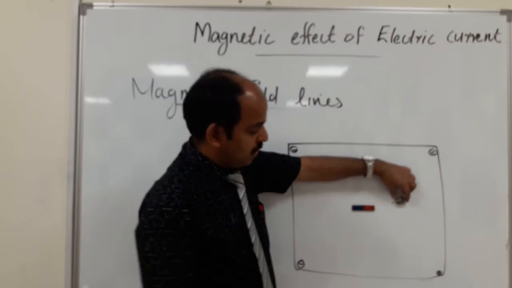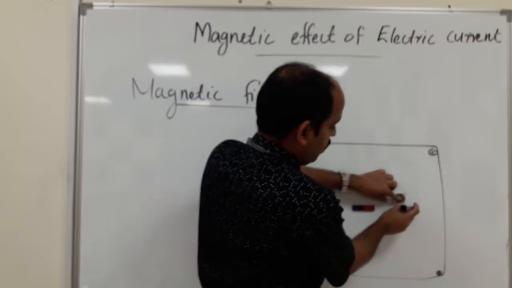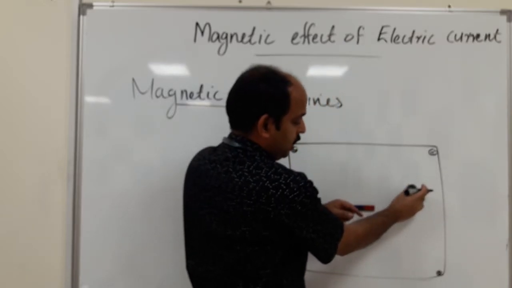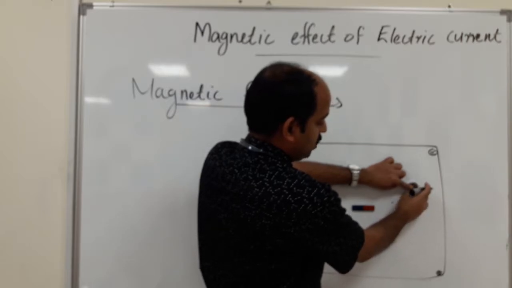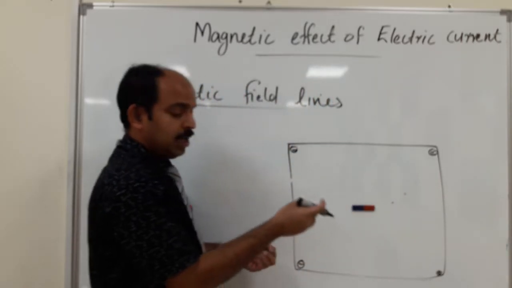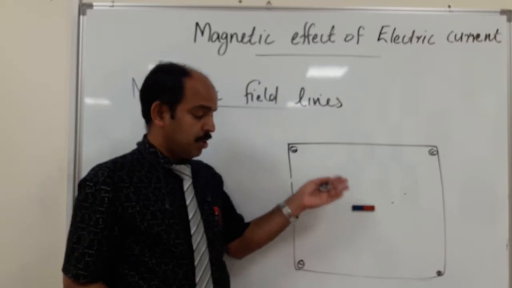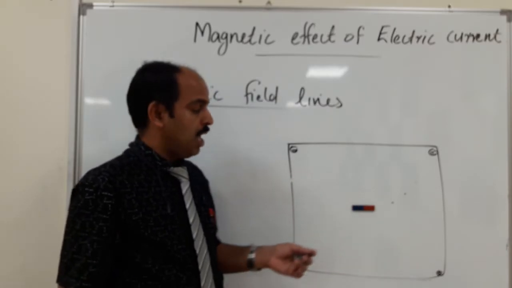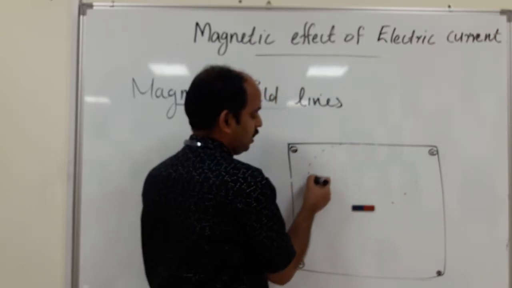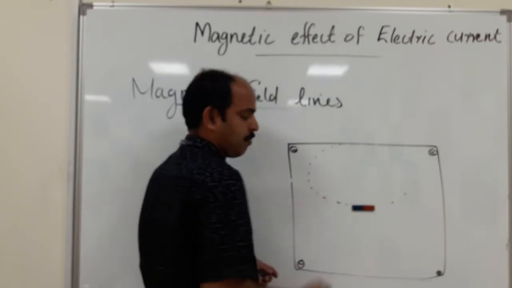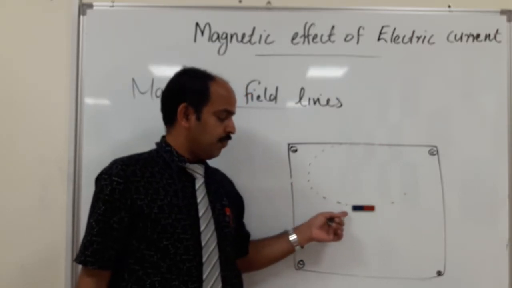Like this. Now again move it, keep like this, and mark. Then repeat this procedure step by step till you reach the south pole of the bar magnet, like this.